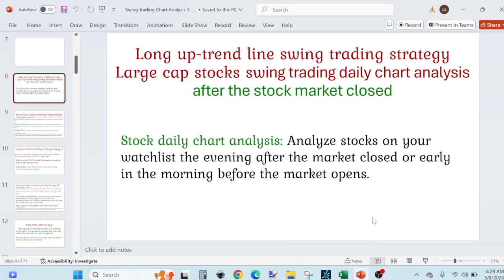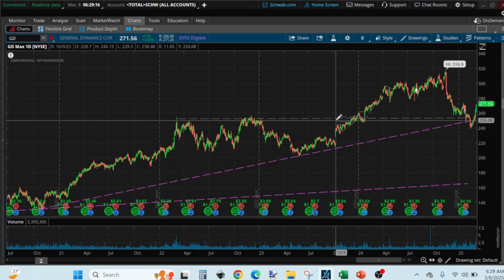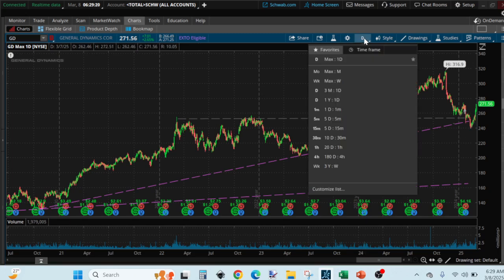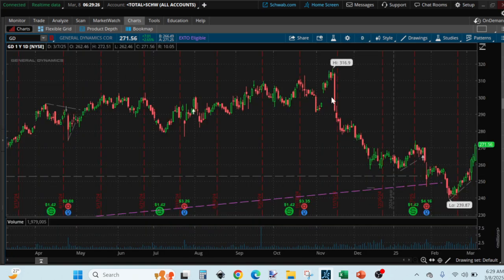Hello, how do you do swing trading daily chart analysis of large cap stocks, upward large cap stocks, if you are using the long uptrend line swing trading strategy? You can use the daily chart to swing trade and do your chart analysis, either the maximum daily chart or the 1 year daily chart.